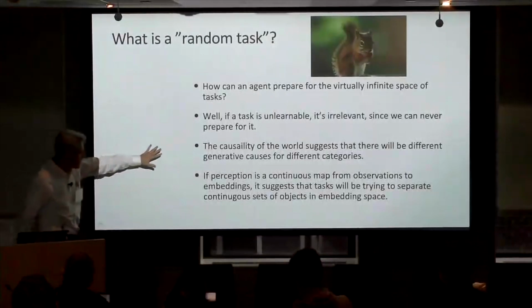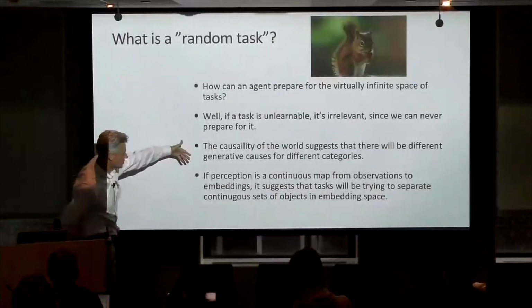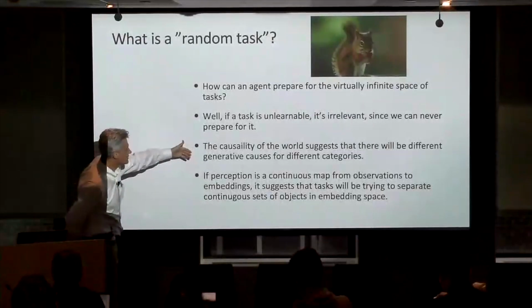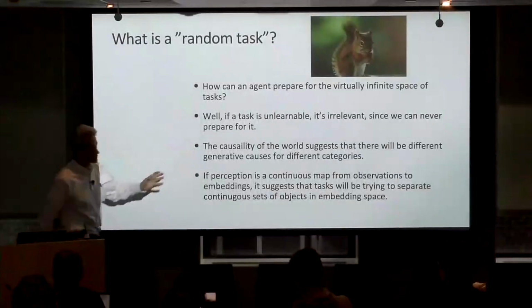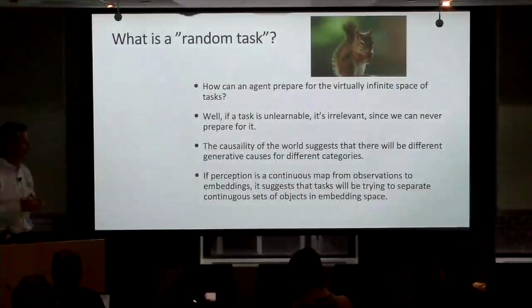Now, I'm going to claim that the causality of the world suggests that there'll be different generative causes for most of the categories that we end up being interested in, right? Like, we care about poisonous nuts and non-poisonous nuts, and those are related to generative cause in the world.